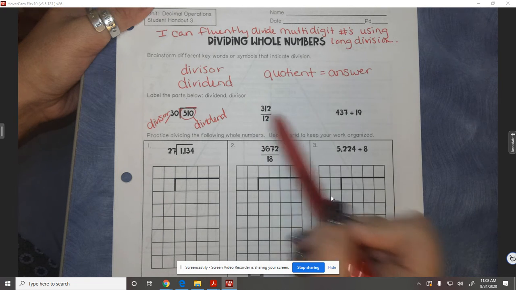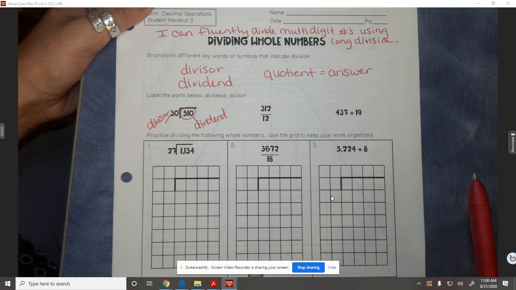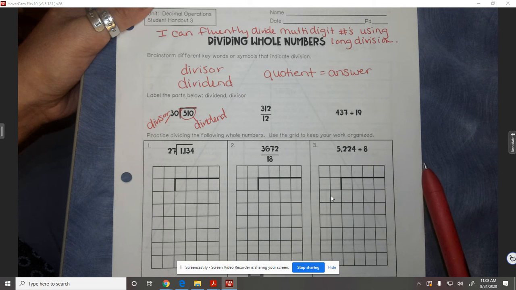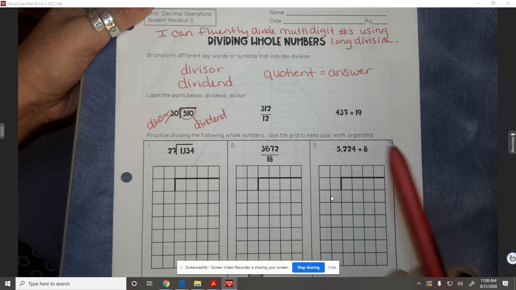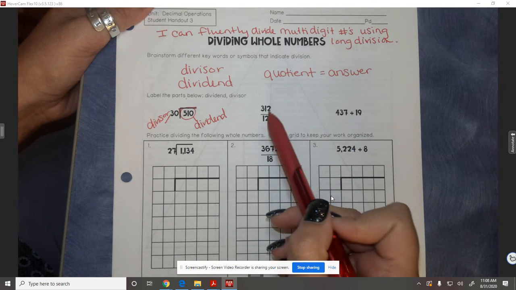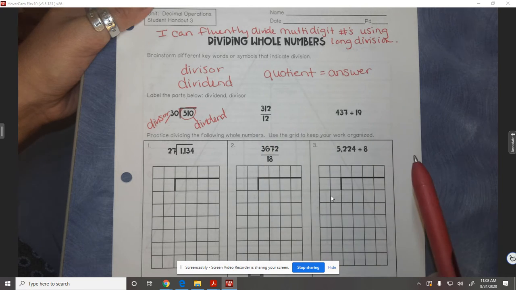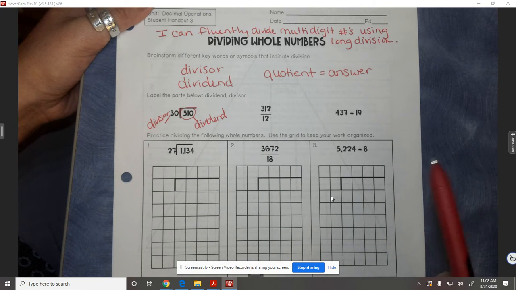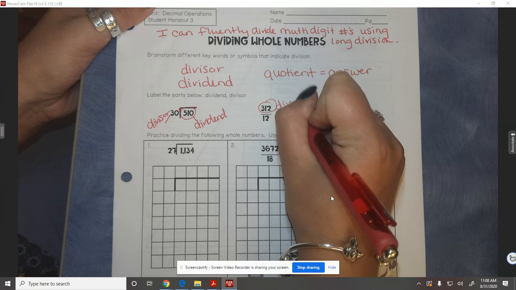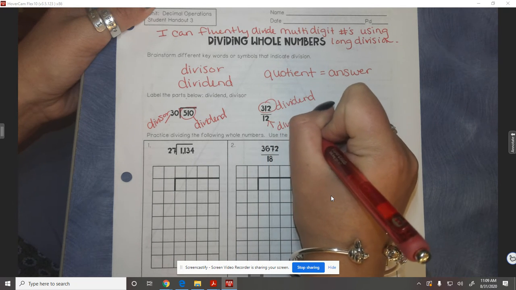What's on top right here is your dividend, so the numerator ends up being the dividend, and your denominator is your divisor. Because in a fraction, this is the total number of pieces that were divided, and this is how many pieces it was divided by.